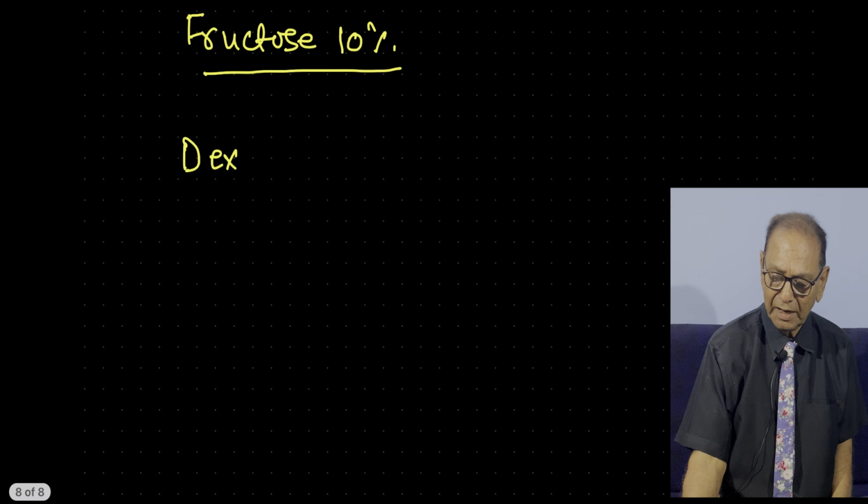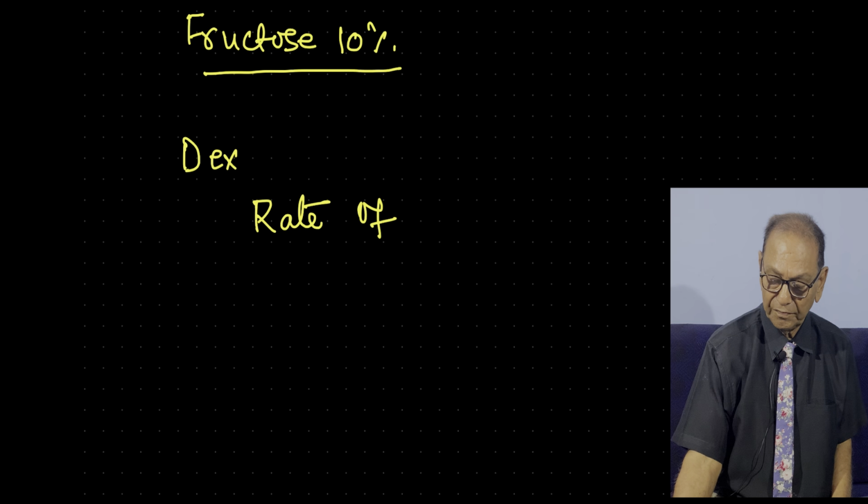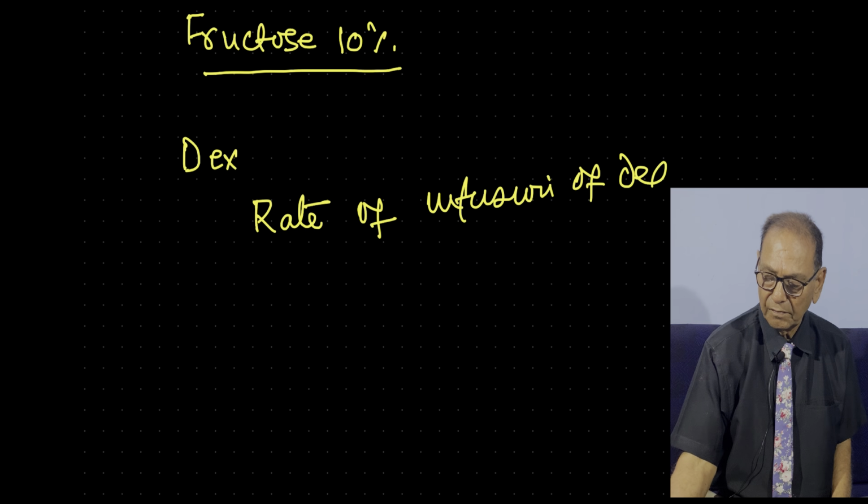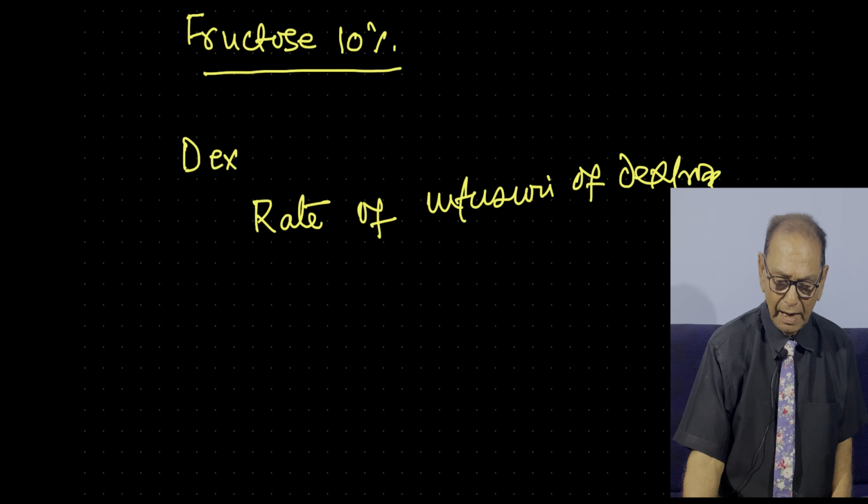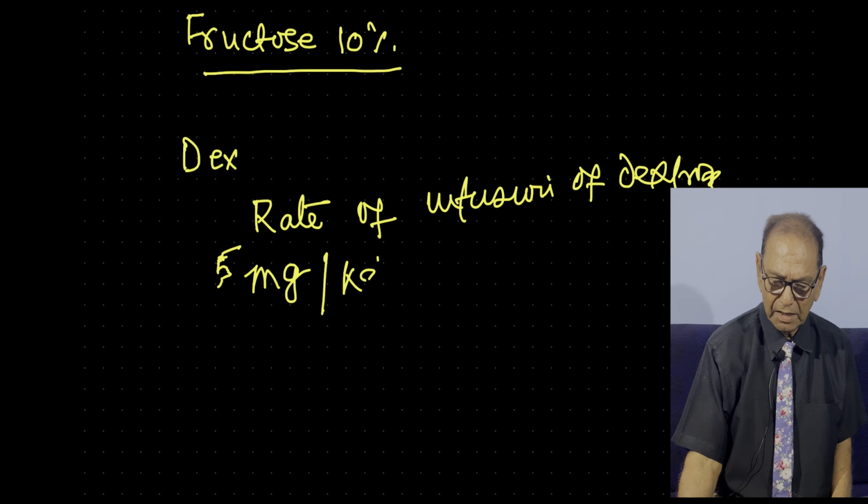What should be the rate of infusion of dextrose? The rate of infusion of dextrose should be maximum 5 milligram per kg per minute.